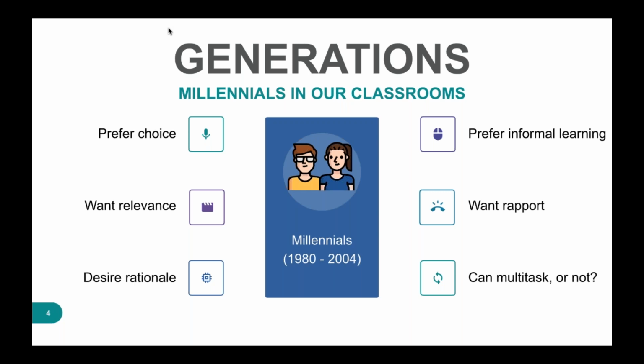So let's jump over to the second column here and think about the preference for informal learning. Preferring informal learning is more or less the learning that happens in a non-strict environment. What they prefer is a less formal educational setting.